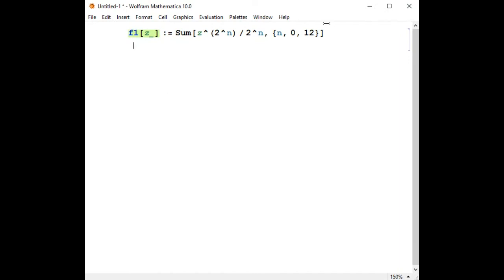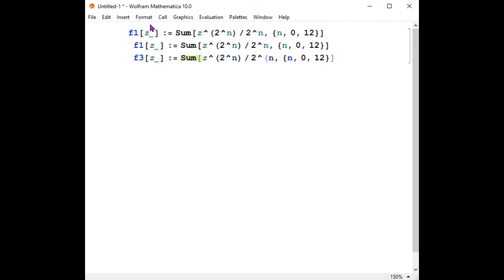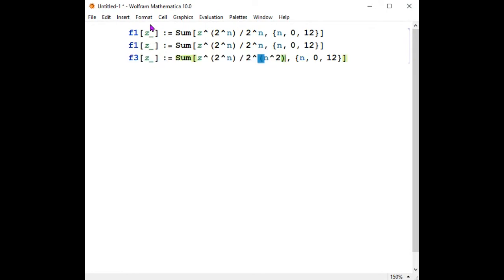Okay? And then I'm going to have f2 and f3. All right, this was z to the 2 to the n divided by 2 to the n squared. This was divided by 3 to the n. And I need f2. All right?